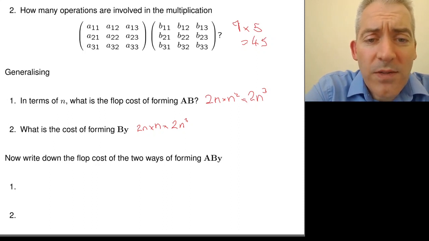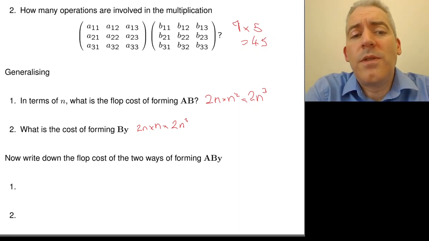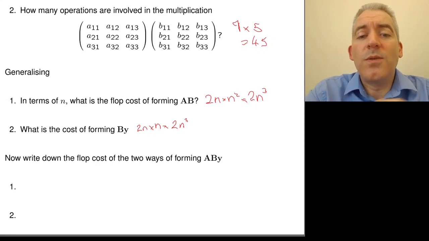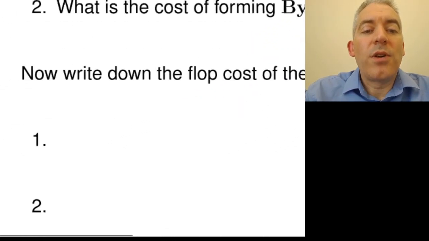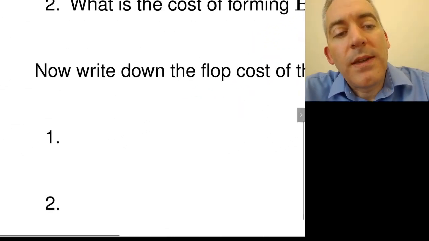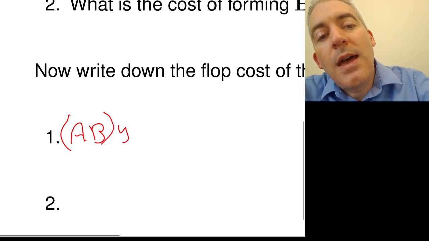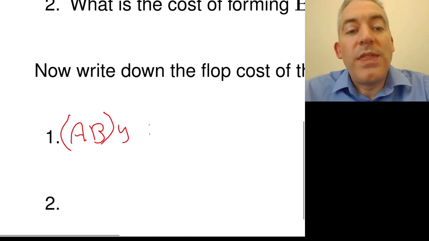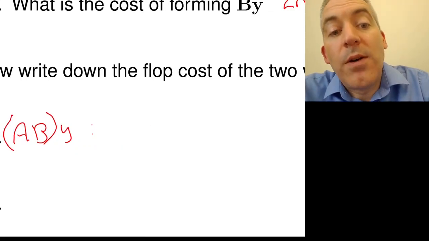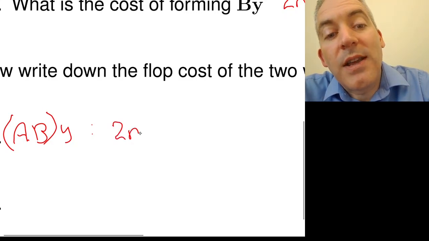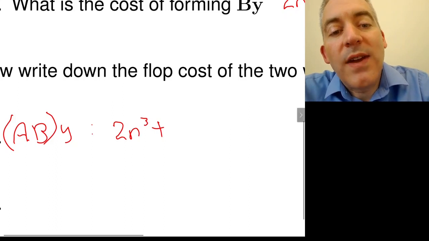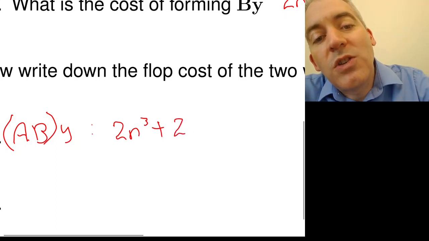And so if we think about the number of flops involved in doing this product ABY in the naive way, where we fold from the left, that first involves our matrix-matrix product, so that's our 2n cubed, and then we do our matrix-vector product, so that's 2n squared.